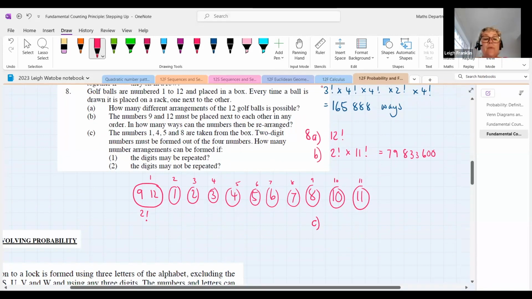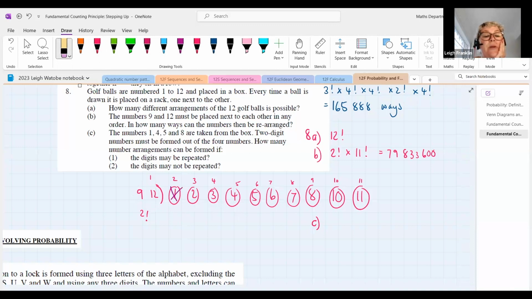Now they've told us they've taken the numbers 1, 4, 5, and 8 out of the box. So 1's gone. They're not saying that 9 and 12 need to be arranged together as a group anymore.